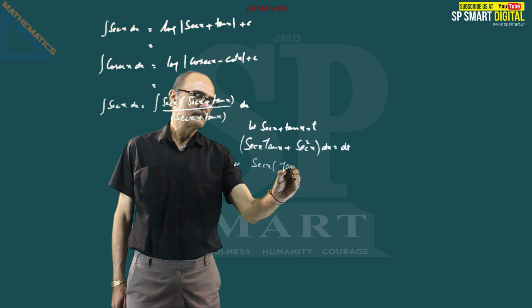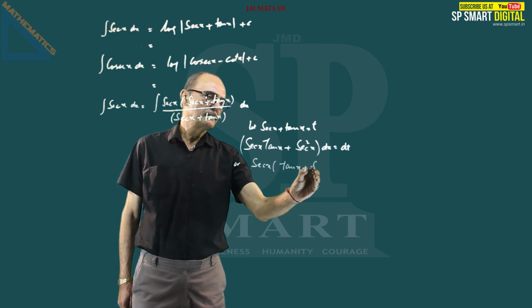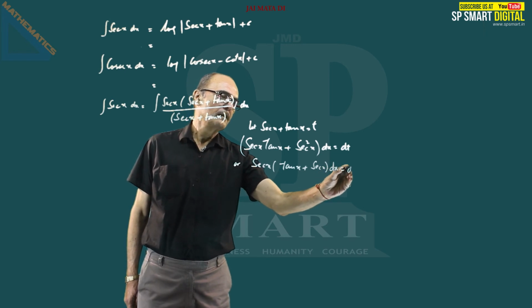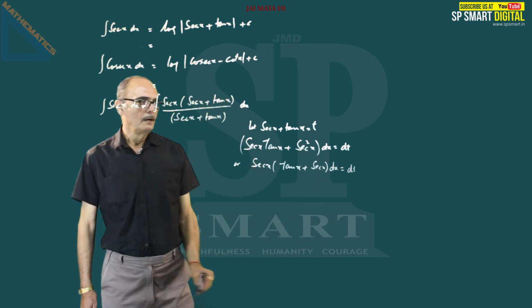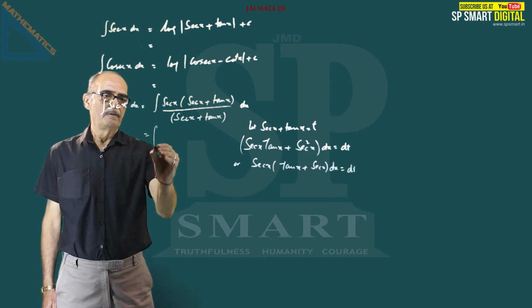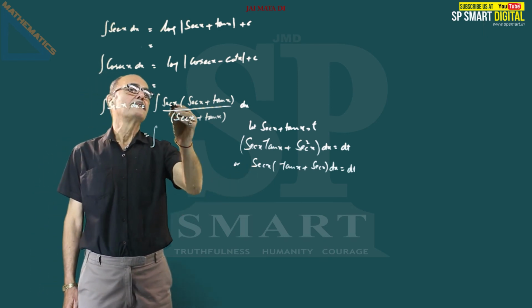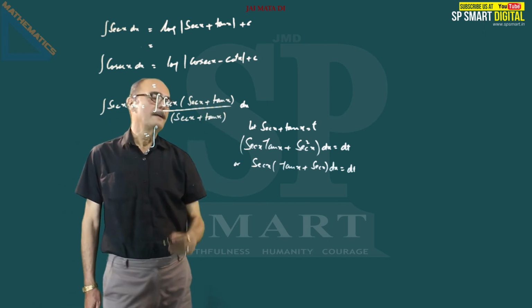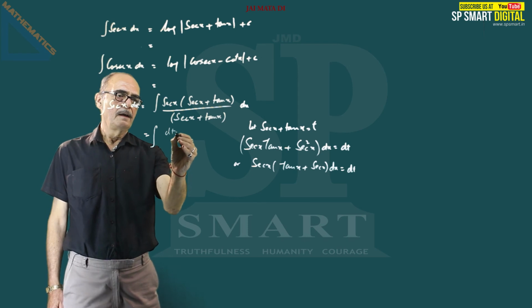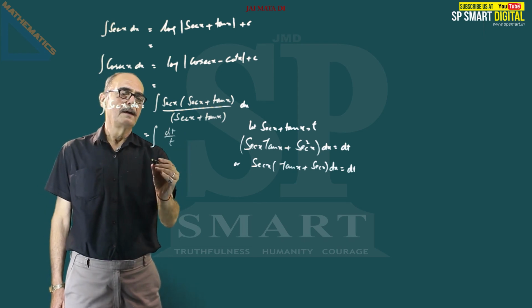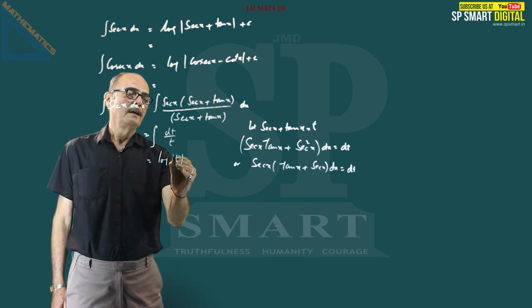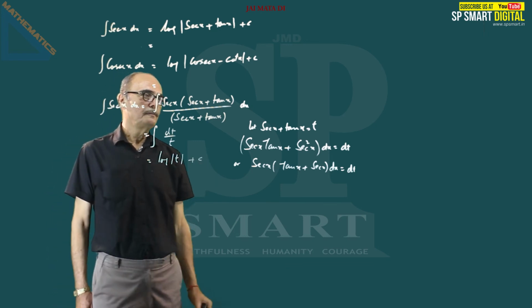So, secant of x into tan x plus secant of x, dx is d of t. So, in the numerator we have secant x into secant x plus tan x dx, which is dt upon t. So, this formula is log of t plus c.